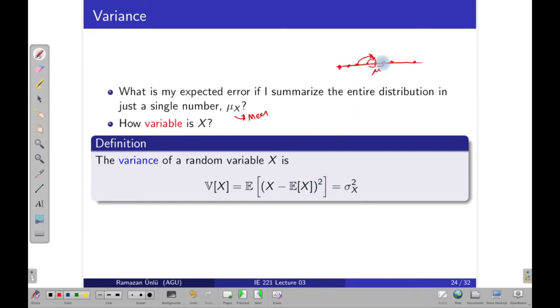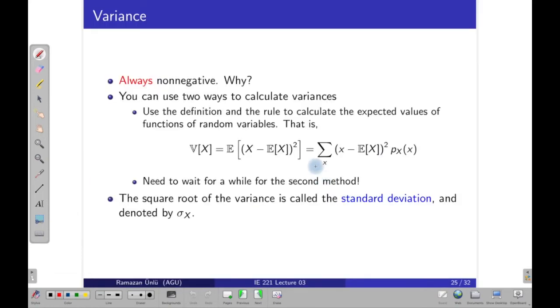For example, let's say this point is A and this is B. A minus mu is a positive value, and B minus mu is a negative value. So these two can cancel each other. That's why we square them.